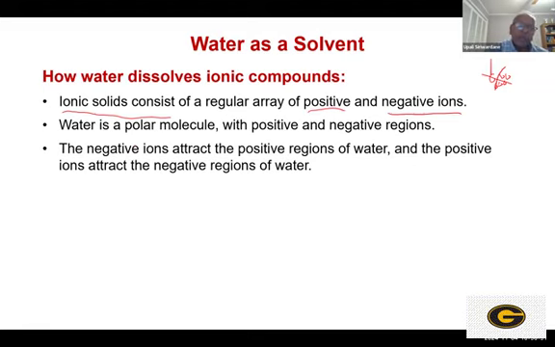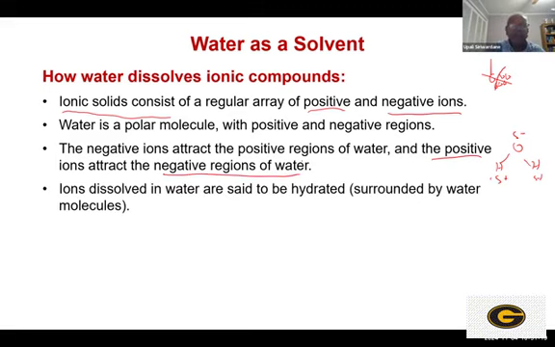Water has a negative dipole on the oxygen atom and a positive dipole on the hydrogen atoms. Water is a polar molecule. Ions can dissolve by surrounding water molecules. We call it hydration, or solvation for solvent molecules. Hydration means water molecules surround the ion.